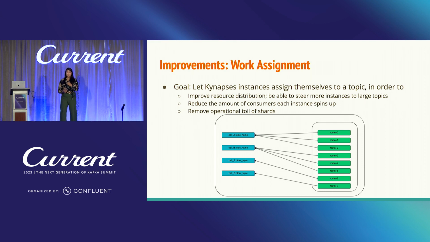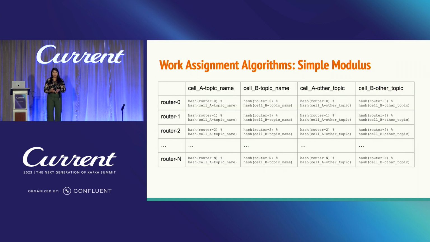So in considering ways Synapses might be able to assign themselves to a particular topic, we started looking at hash-based algorithms. The first of these is simple modulus, and each router is just going to take the hash of its instance name and then mod it by the hash of the task name.